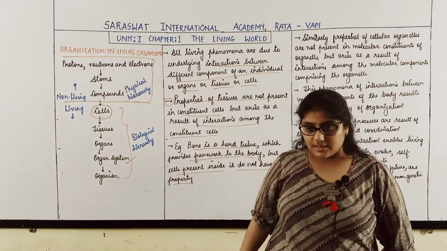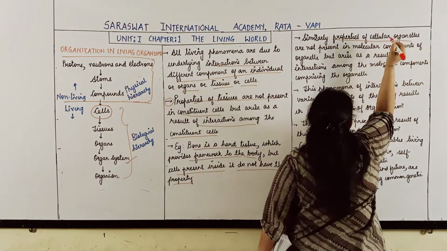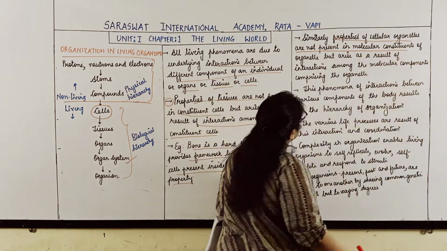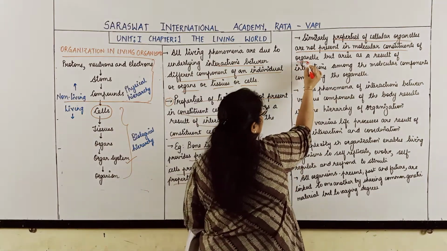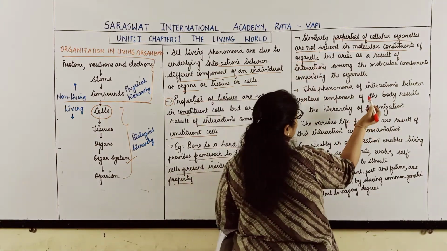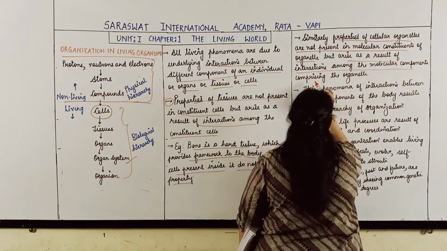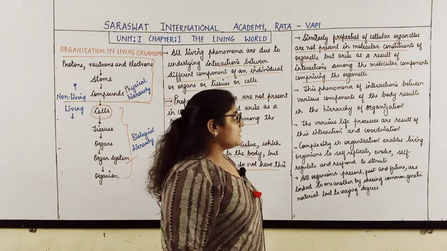In the same way, the other statement: the properties of cellular organelles are not present in the molecular constituents of the organelle, but arise as a result of interaction among the molecular components comprising the organelle.